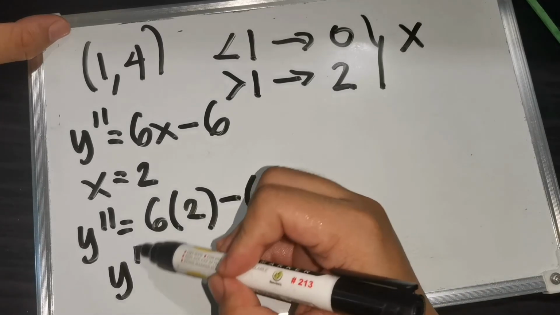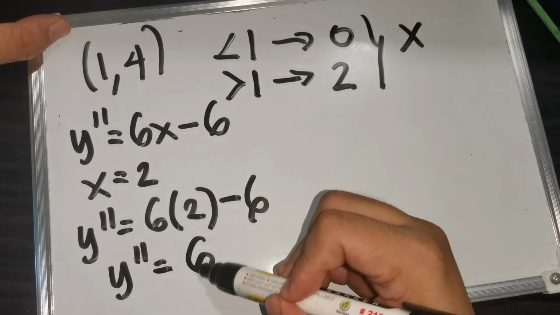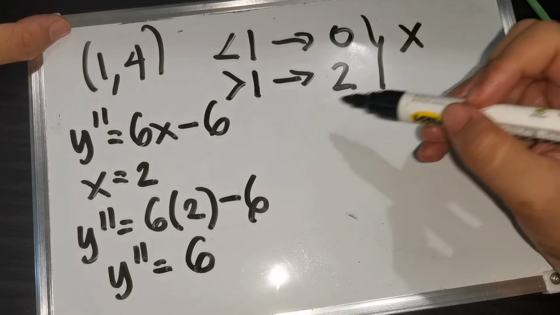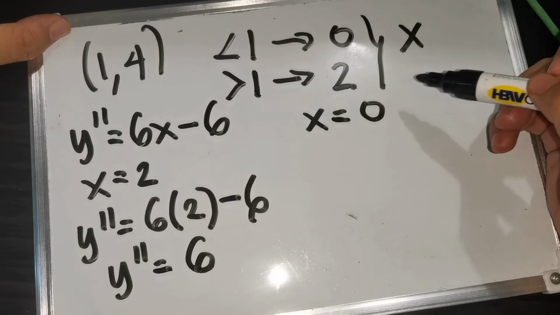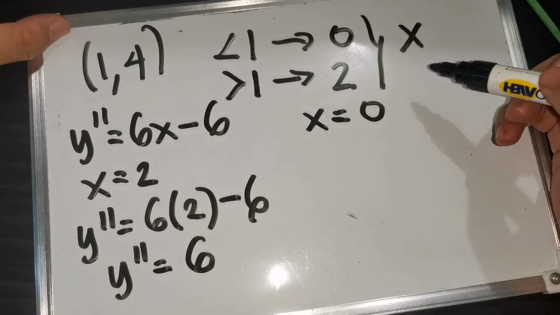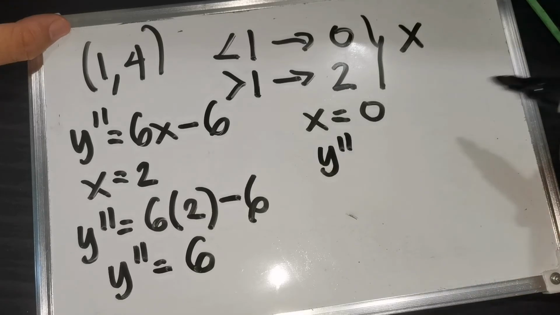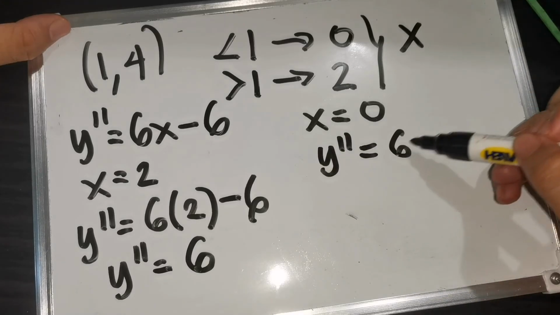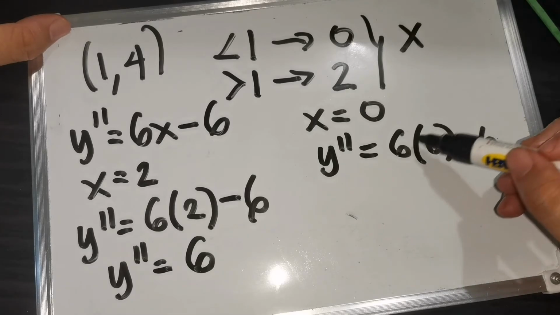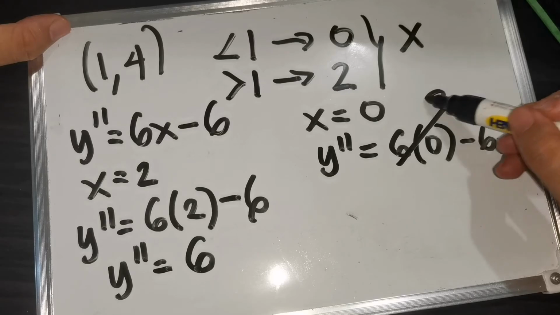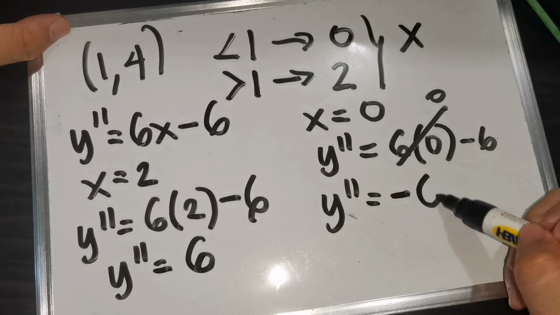Therefore, your y double prime is equal to 12 minus 6, so that will be positive 6. Now, if x is 0, what will be the value of your y double prime? So your y double prime is equal to 6 multiplied by 0 minus 6. So we can cancel out this one. That will be equal to 0. So your y double prime now is equal to negative 6.